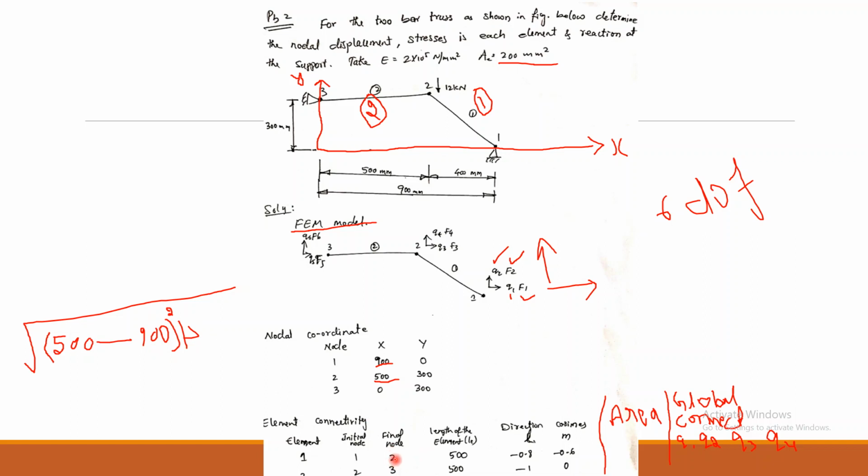Y final means the node 2 y coordinate, which is 300, minus y initial, the node 1 y coordinate, which is 0, whole square.